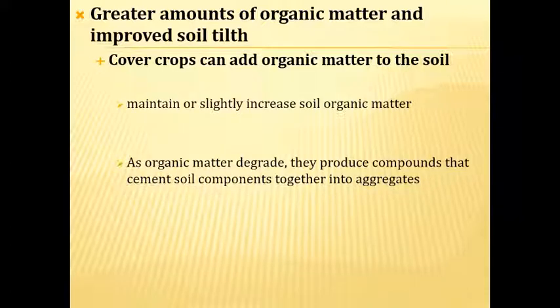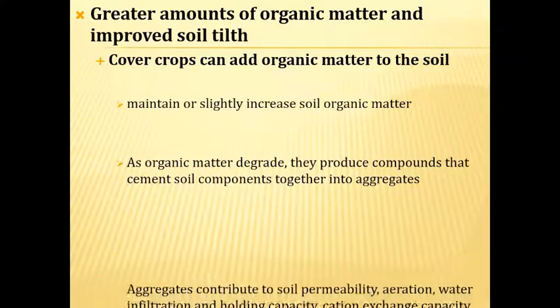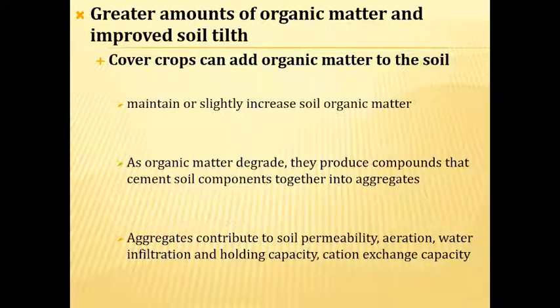As organic matter and plant residues degrade, they produce compounds that cement soil particles together into aggregates, resulting in improved structure and tilth. Aggregates in the soil contribute to greater soil permeability, aeration, water infiltration, and holding capacity, cation exchange capacity, and ease of crop emergence and root growth.